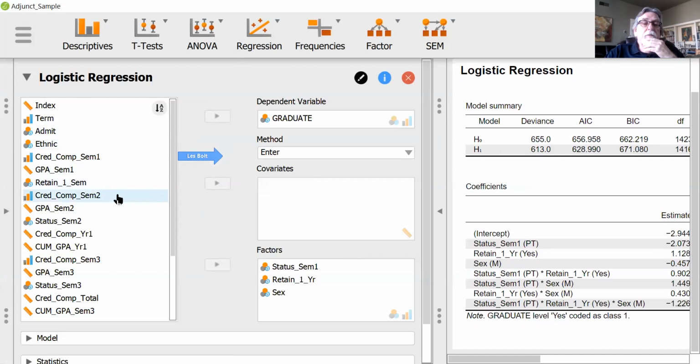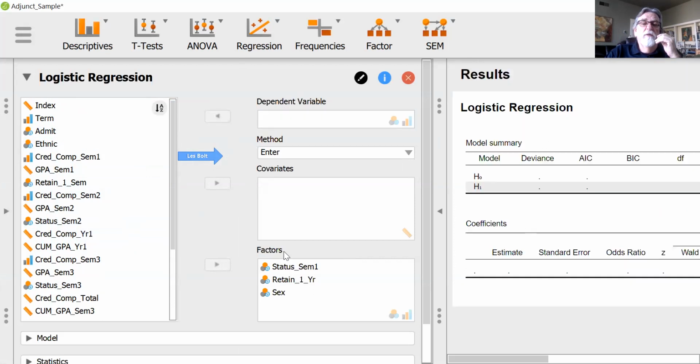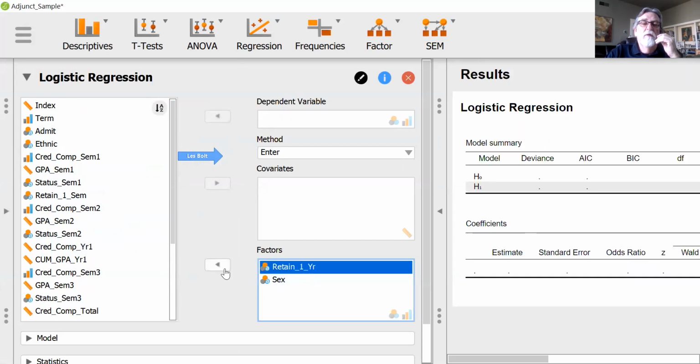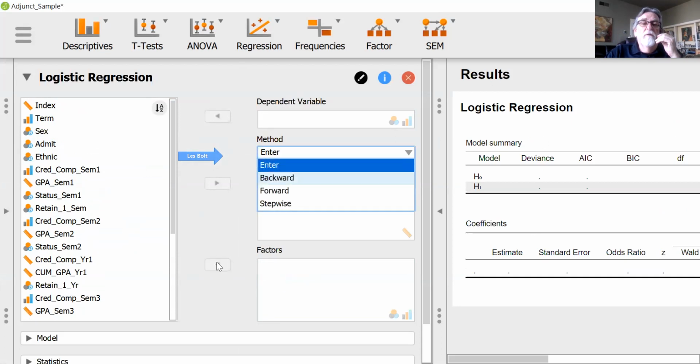As you can see, it's a fairly significant data set, and it has lots of different variables to play with. I'm going to reset all this because I was doing something else with it. And so we're going to run a different procedure.